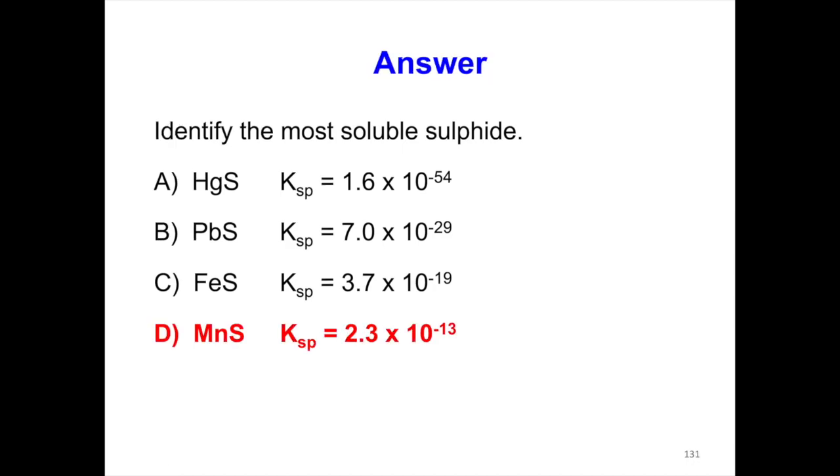The answer is D, as the Ksp value is 2.3 times 10 to the minus 13. It has the biggest value of Ksp, so it is the most soluble salt compared to the rest.